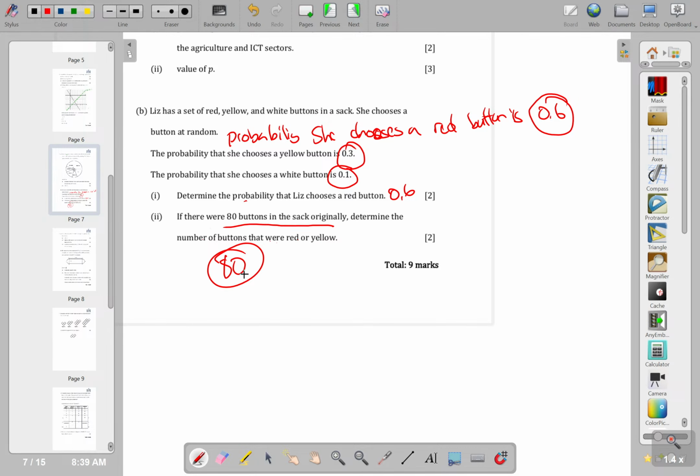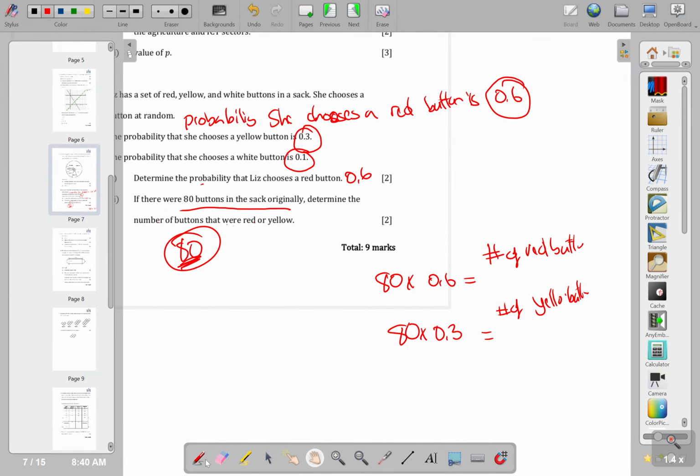So if they gave me 80 buttons, 80 times 0.6 would give me the number of red buttons. 80 times 0.3 would give me the number of yellow buttons. 80 times 0.10 will give me the number of white buttons. So go find them.